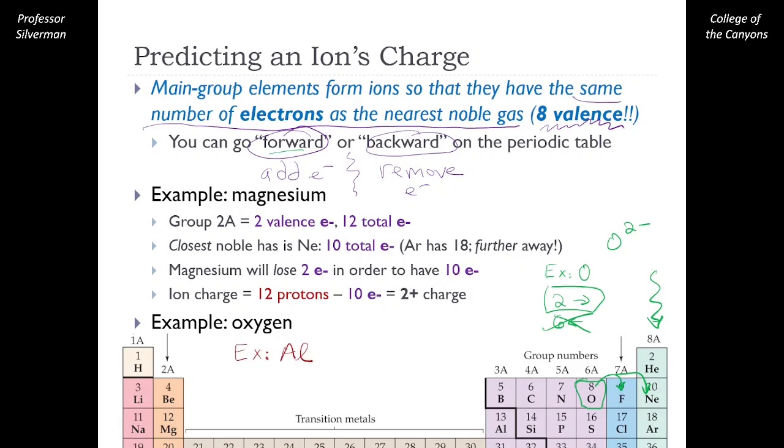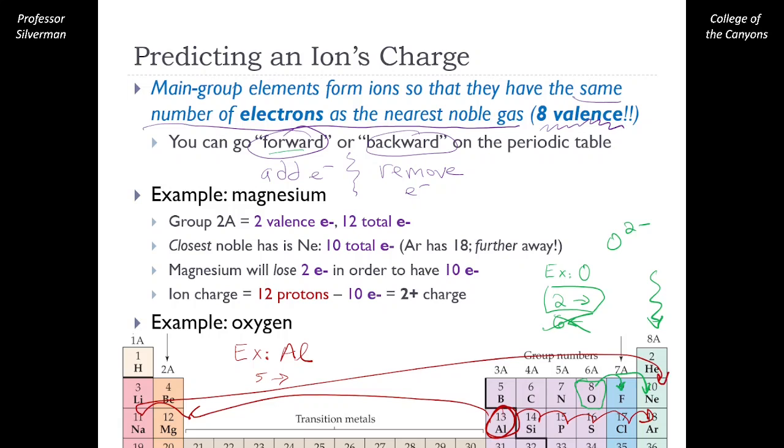A second example, we can look at aluminum. Aluminum is element number 13 down here. We have two choices. We can either go 1, 2, 3, 4, 5 boxes to the right, from 13 up to 18. Or we can try to go backwards and go 12, 11, down to 10.